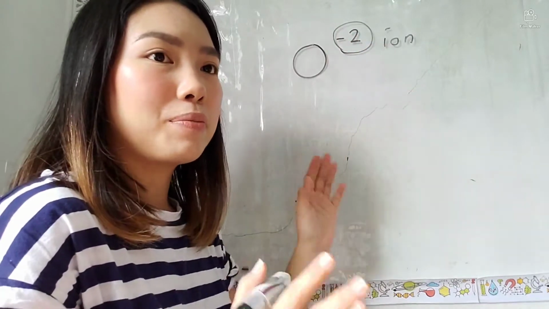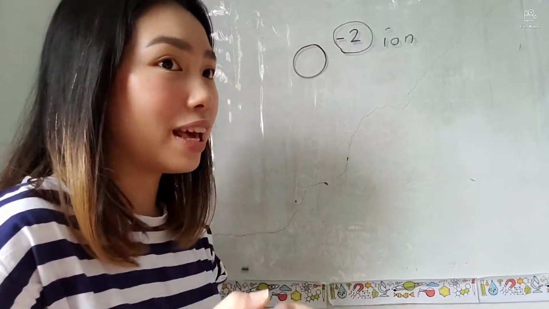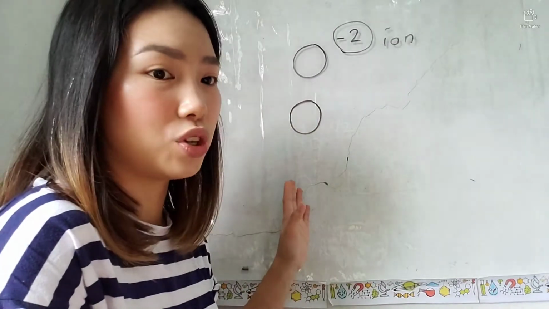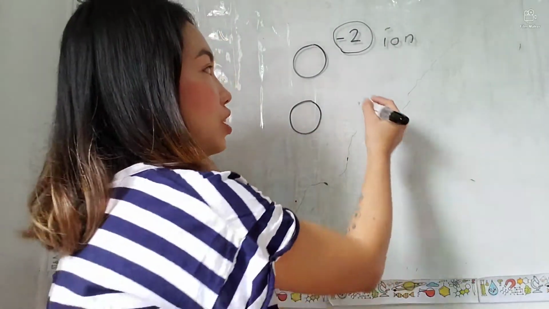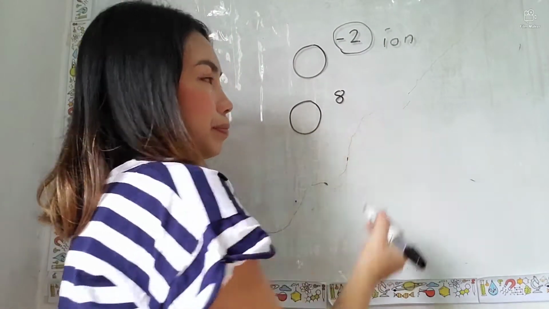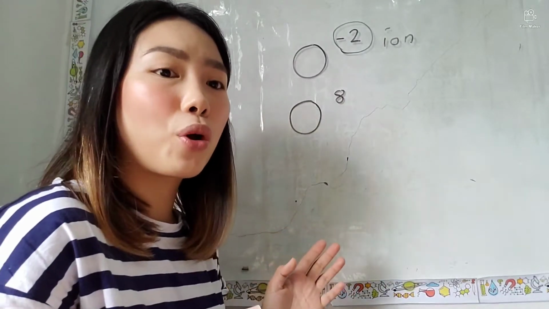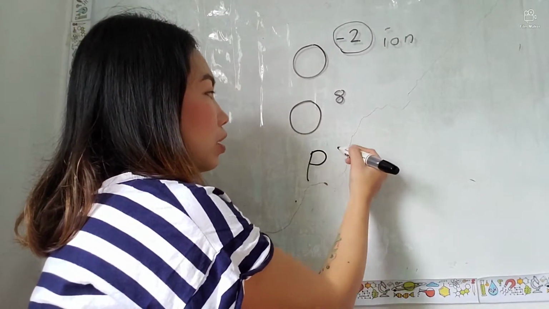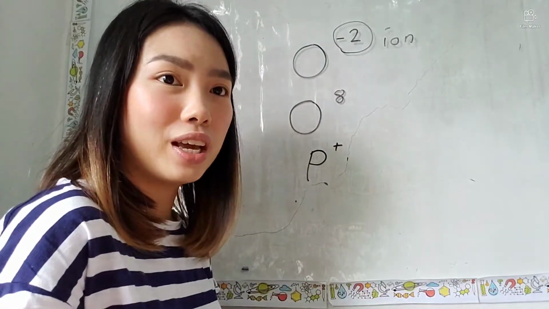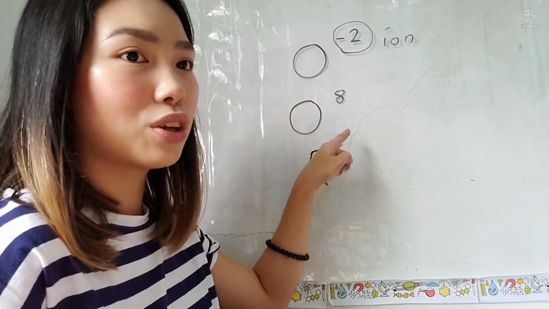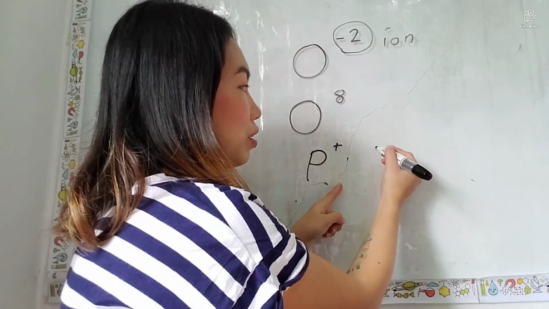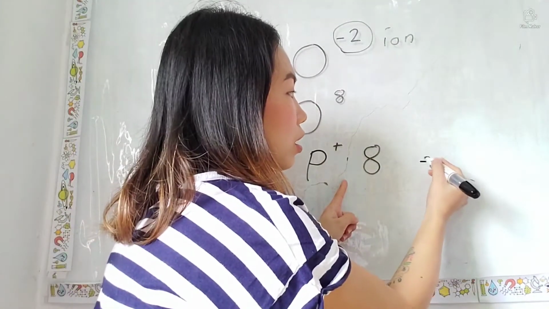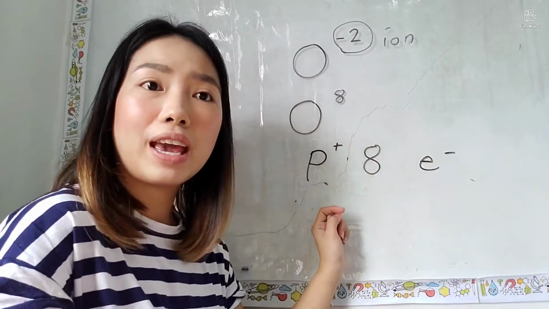Ngayon, in finding the number of proton and number of electron, alamin mo muna yung atomic number of oxygen. So, the atomic number of oxygen is 8. Now, if the atomic number of oxygen is 8, what will be the number of your proton? So, if the atomic number is 8, the number of proton will be also 8.